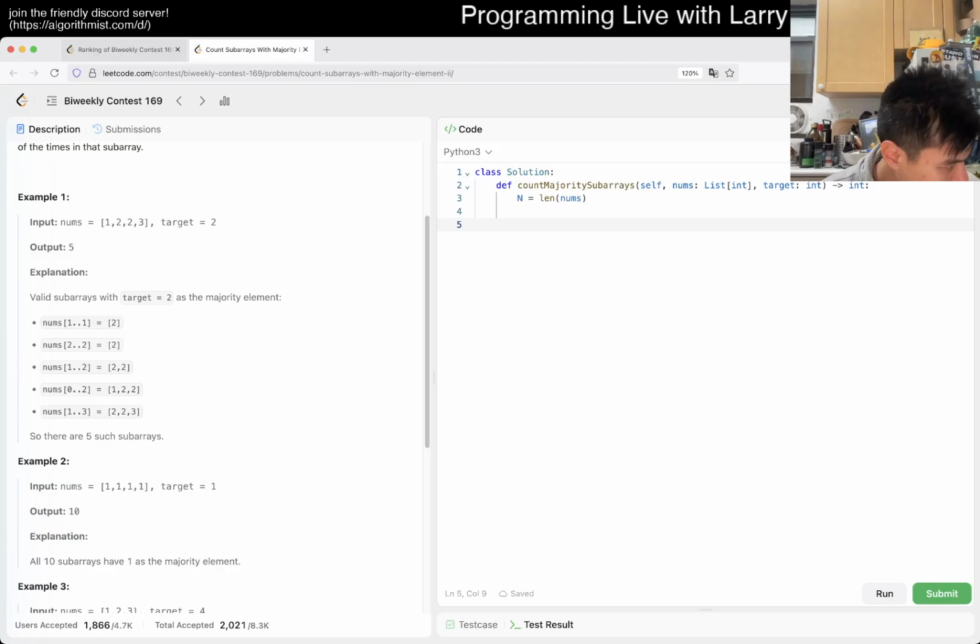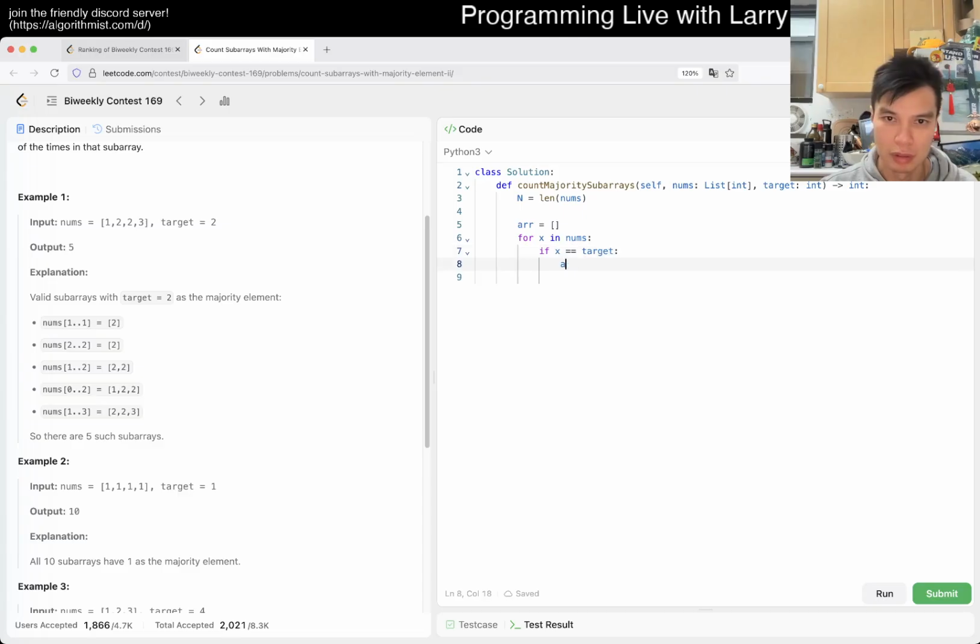Maybe. It's just prefix sum, right? Okay, and then now we do a prefix sum, right?